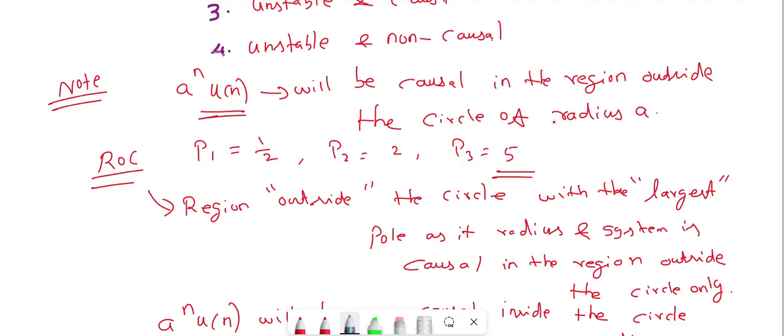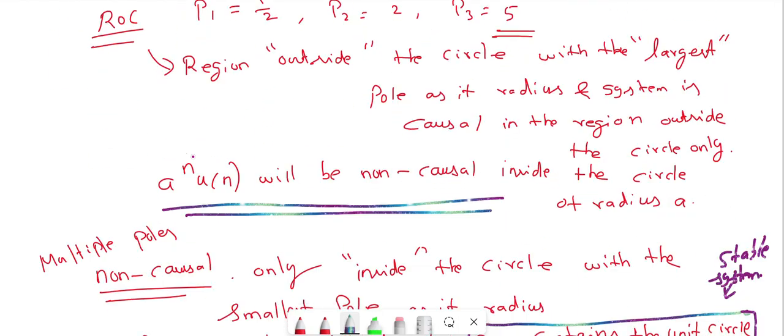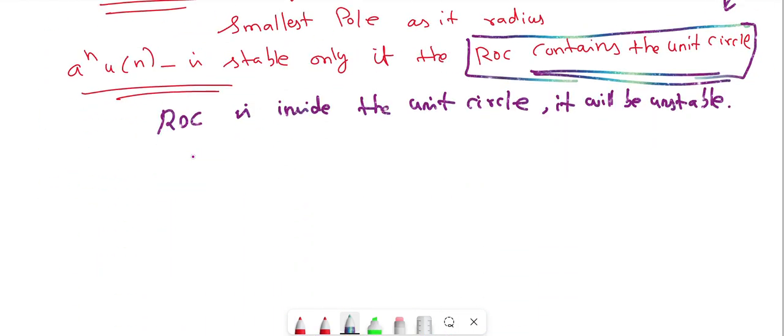In this example, conclude whether the given system is stable or not. The 3 poles are 1/2, 2, 5. So what is the ROC?